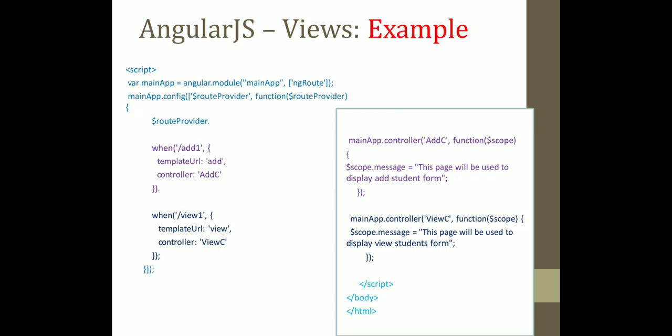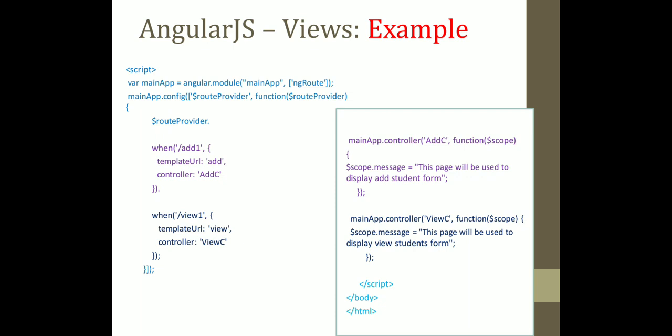Then the scope message is displayed with $scope.message equals, this page will be used to display the view student form. Okay, and there is the end of the script tag, body tag as well as the HTML tag.